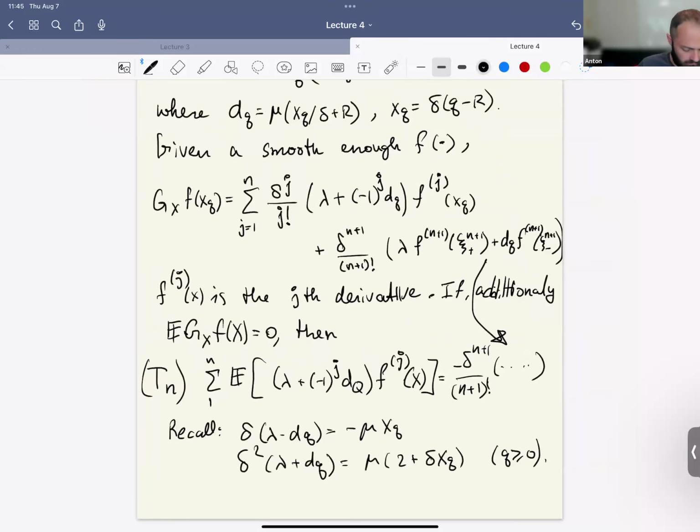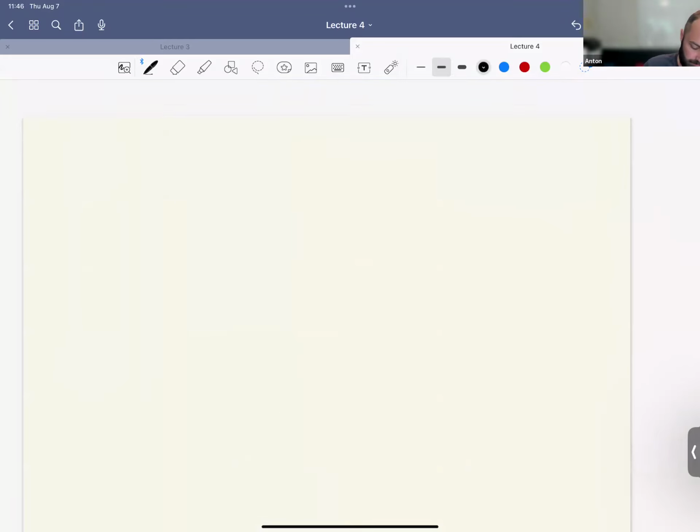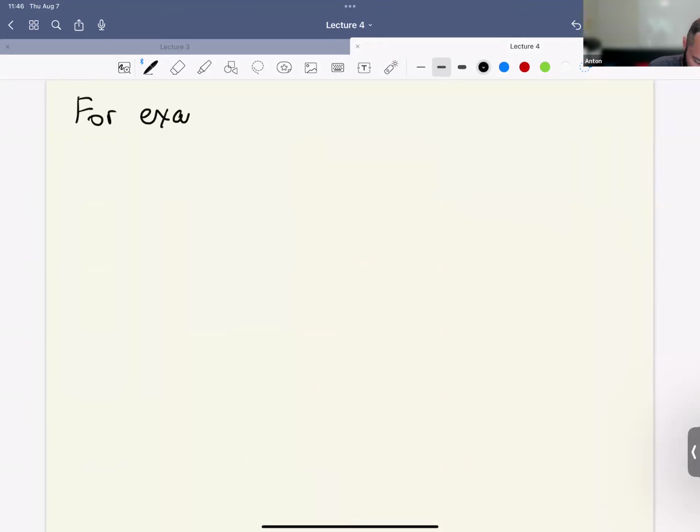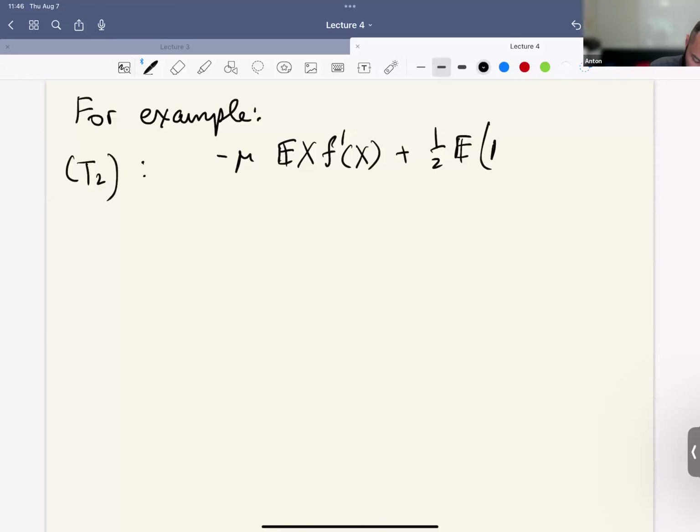So for example, and this will be important to just have written, T2 says that negative mu expected value of x f prime of x plus 1/2 mu 2 plus delta x f double prime of x equals negative delta cubed over 6 lambda f triple prime.